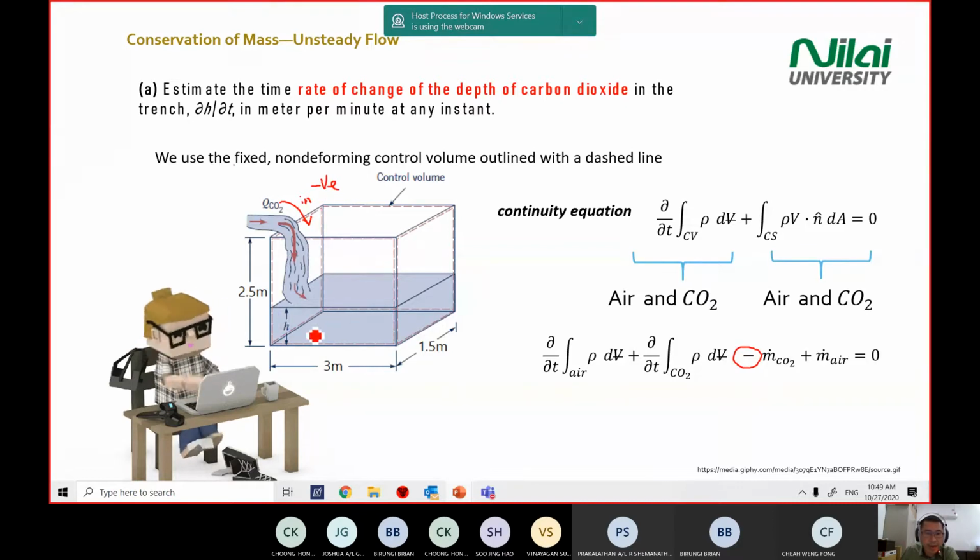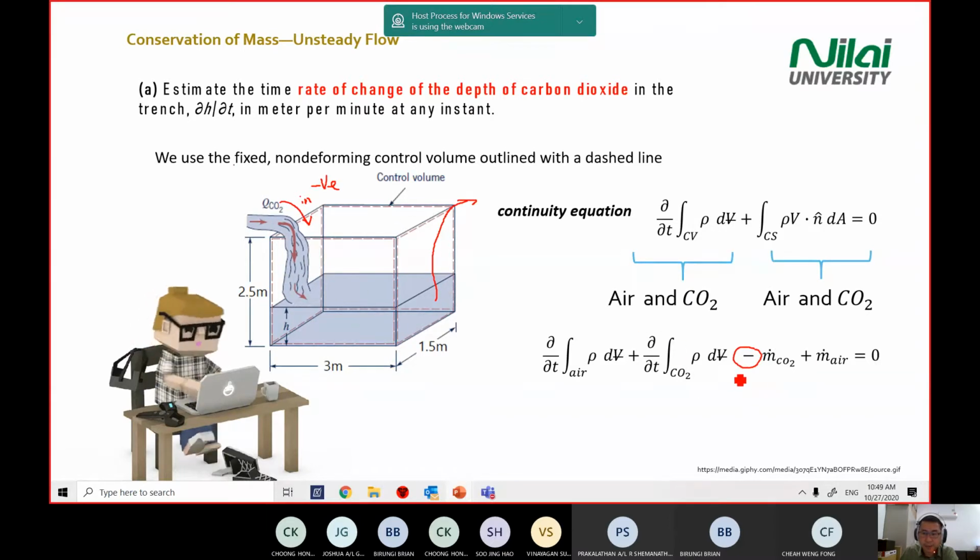And the air is coming out, so it's positive, because the air is flowing out from the control volume. CO2 keeps filling, and some air is pushed out from the control volume because there is no mixing between these two. So you assume this behaves like a piston, one in and one out.